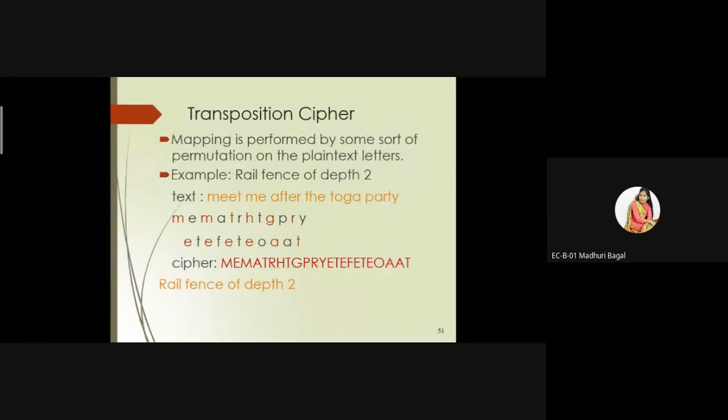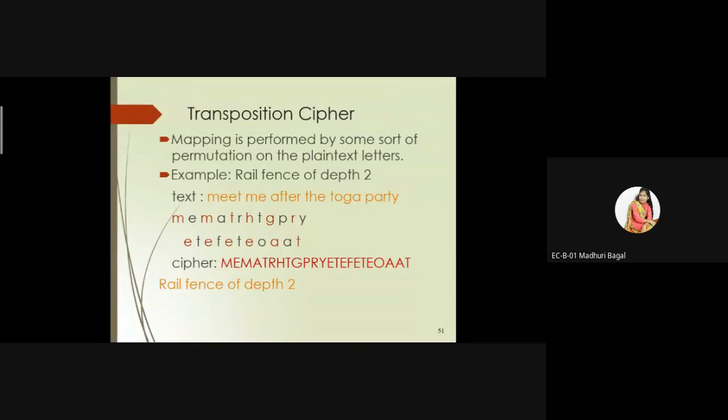Every time we have to substitute other characters or letters. If the message is too lengthy, it is quite difficult to substitute the letters. So in order to avoid that complexity, we can use the transposition cipher.